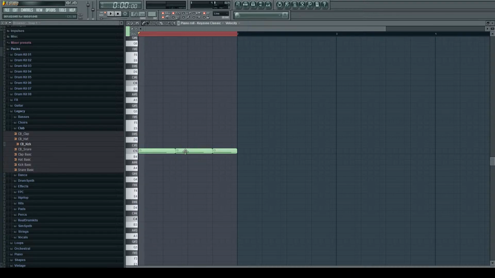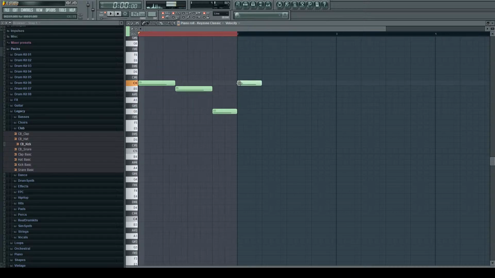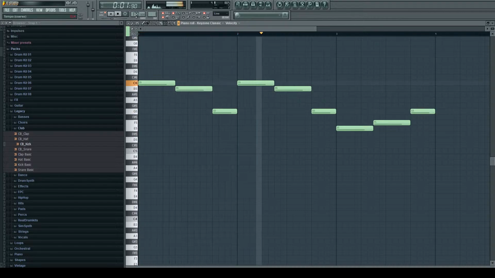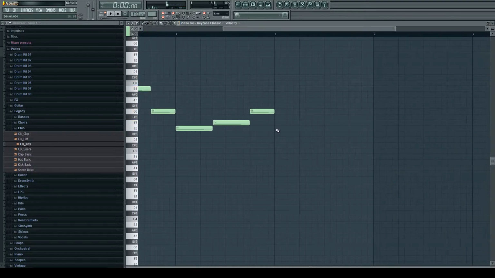So this rhythm, like I said, it's actually very popular in like the old electro, EDM. See?